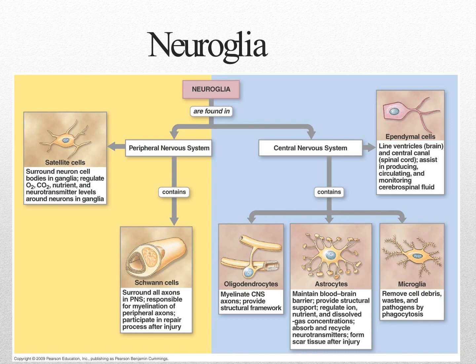These are simple cuboidal, and they have little processes, usually cilia. They assist in producing what's called cerebrospinal fluid. We're going to learn more about that. So these are the 6 cells called neuroglia or glia. Let's move on.